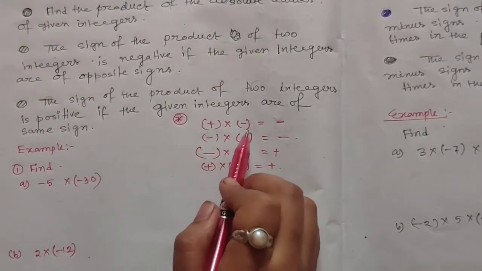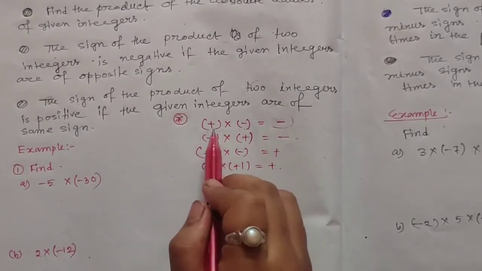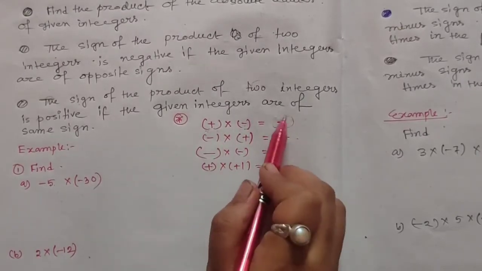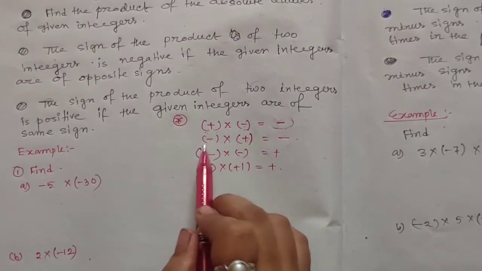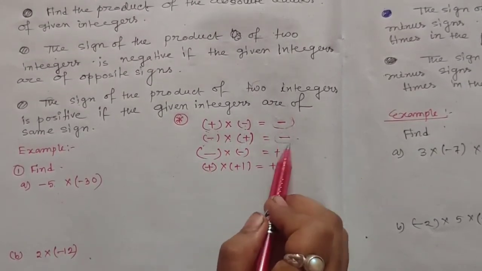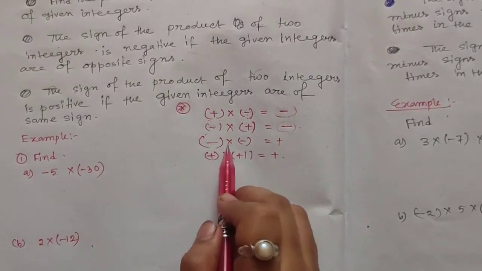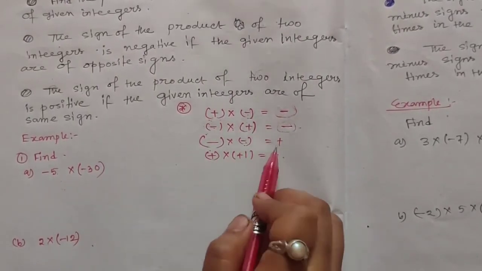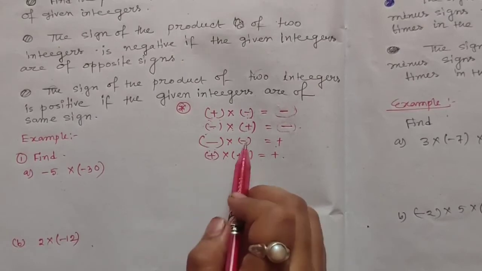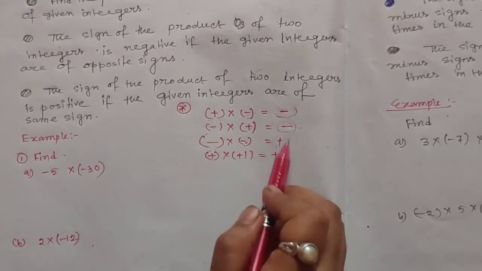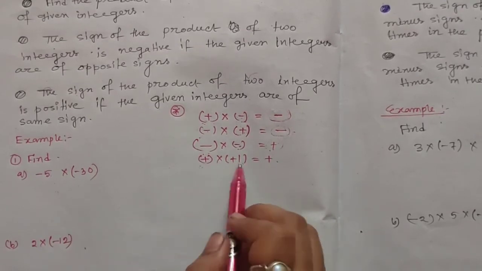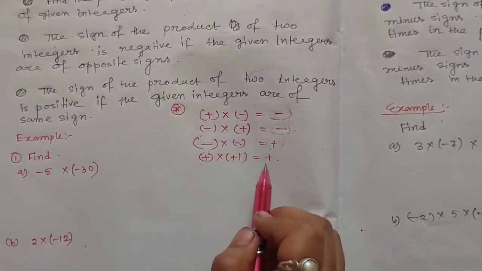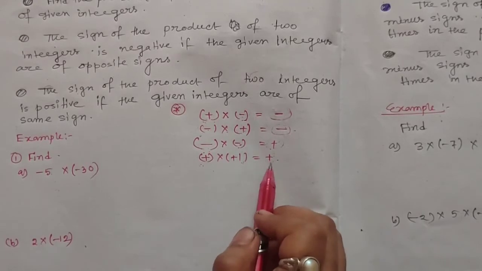Plus multiplied by minus gives minus, because these are of opposite signs. Minus multiplied by plus, these are also opposite signs, so these also give minus. Minus multiplied by minus is plus, because these are of the same sign, and plus times plus is plus. Since these are of the same sign, the sign of the product will be plus.